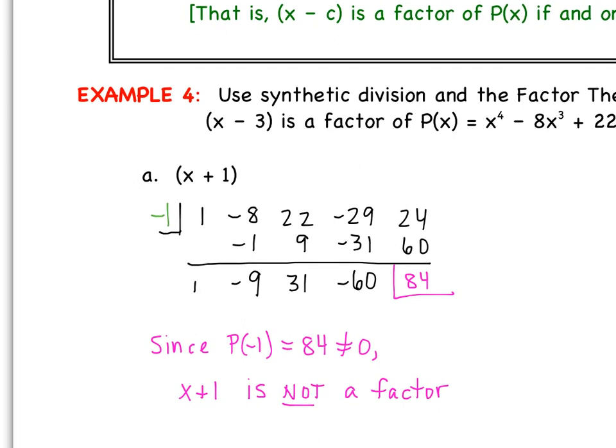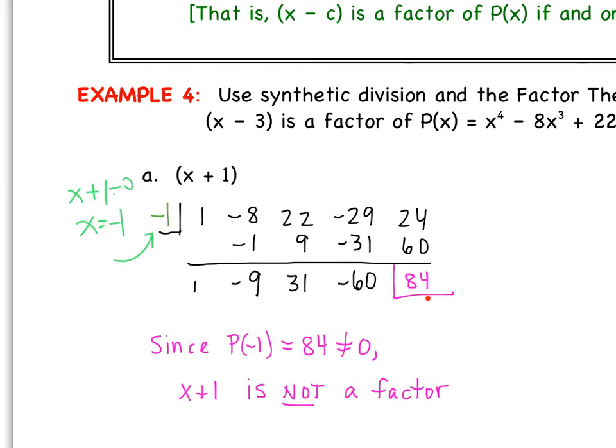Okay? And if I want to see if x plus 1 is a factor, remember we kind of do our side note, x plus 1 equals 0, so x equals -1, and that's what goes in our box, our corner, okay? We said we didn't need any placeholders, so we drop the 1, we multiply to -1, we add to -9, we multiply to +9, add to 31, multiply to -31, add to -60, multiply to +60, and we end up with a remainder of 84.